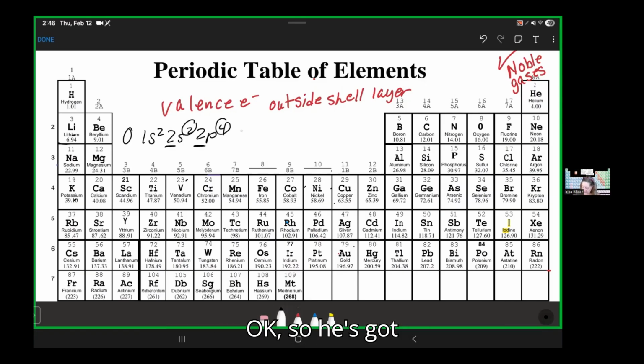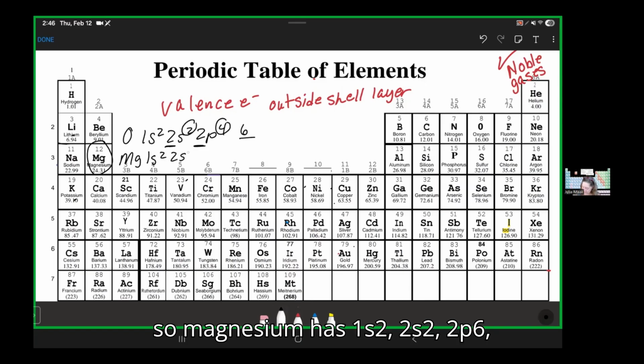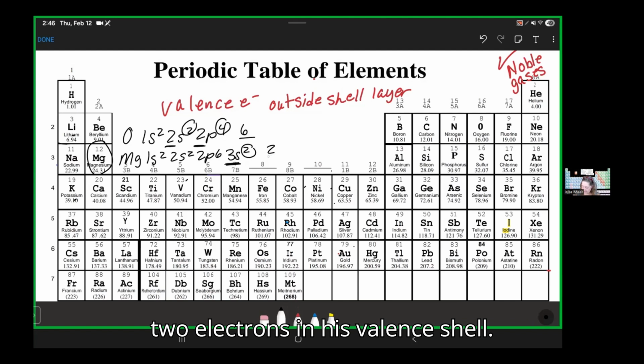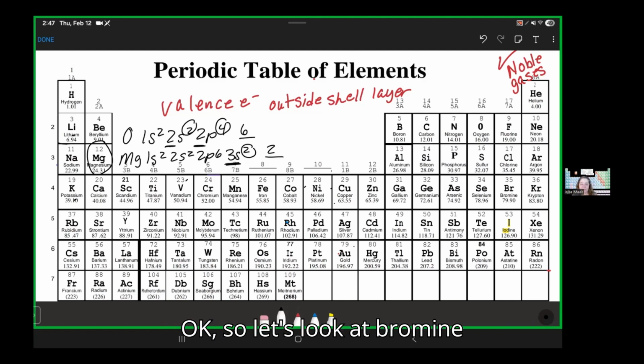He's got 6 valence electrons in his highest shell. Let's look at magnesium over here. Magnesium has 1s2, 2s2, 2p6, and 3s2. His highest shell is 3. He has 2 electrons in his valence shell.